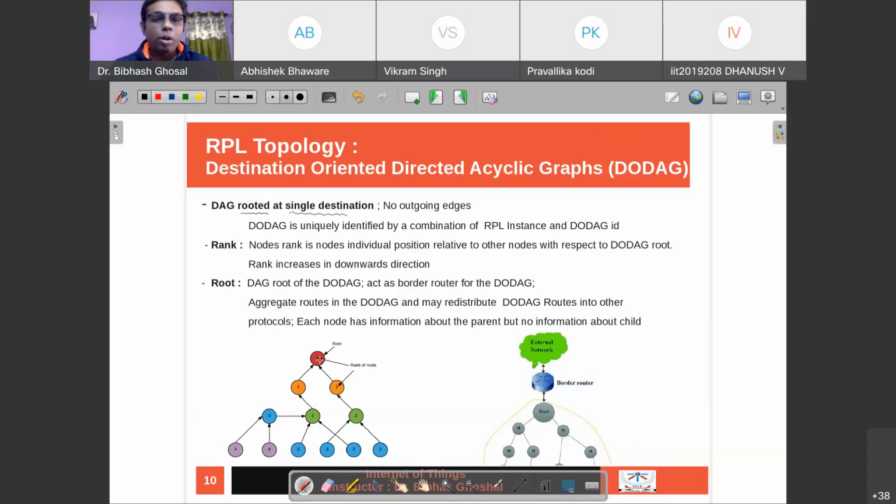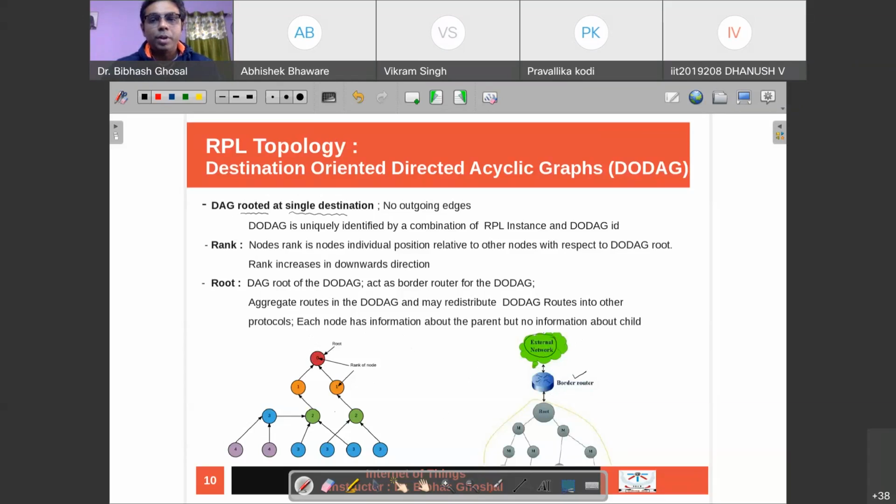So you want all the data to be collected and sent here. You can model this as a graph with a root, and this root, as you see here, is a border router that actually gets connected to the external network. This root is the one that will collect all the data coming from the lower layers and send it to the external network.